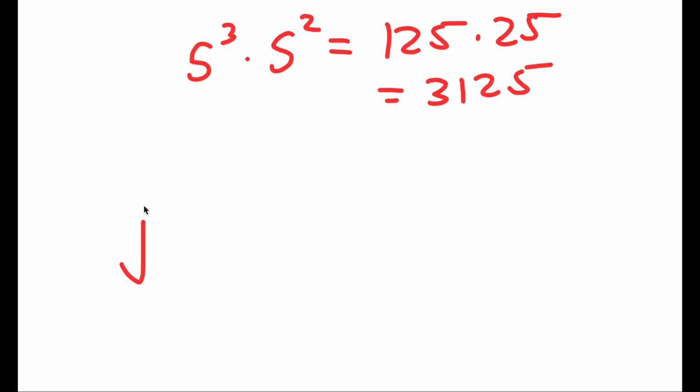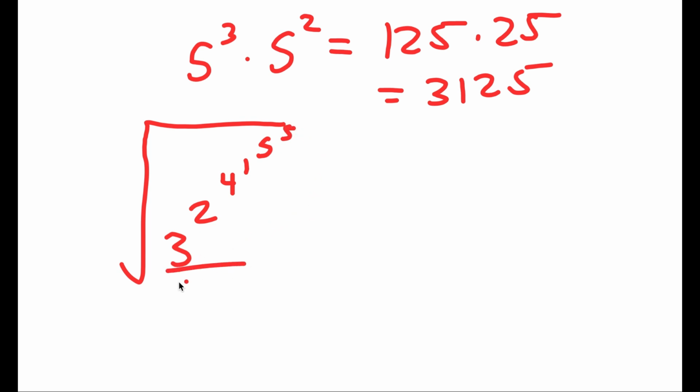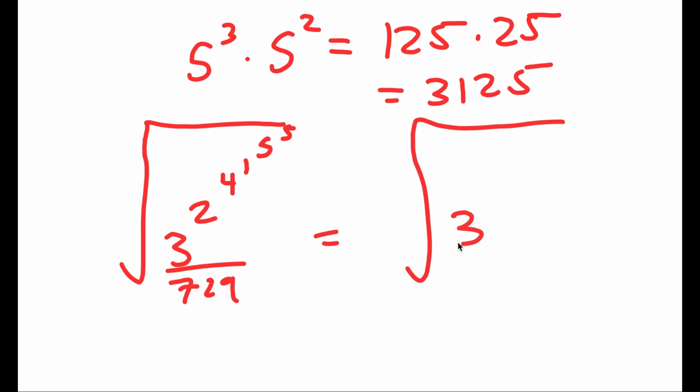So I have the square root of 3 to the power of 2 to the power of 4 to the power of 1 to the power of 5 to the power of 5 all over 729. And this is the same thing as the square root of 3 to the power of 2 to the power of 4 to the power of 1 to the power of 3,125 over 729.